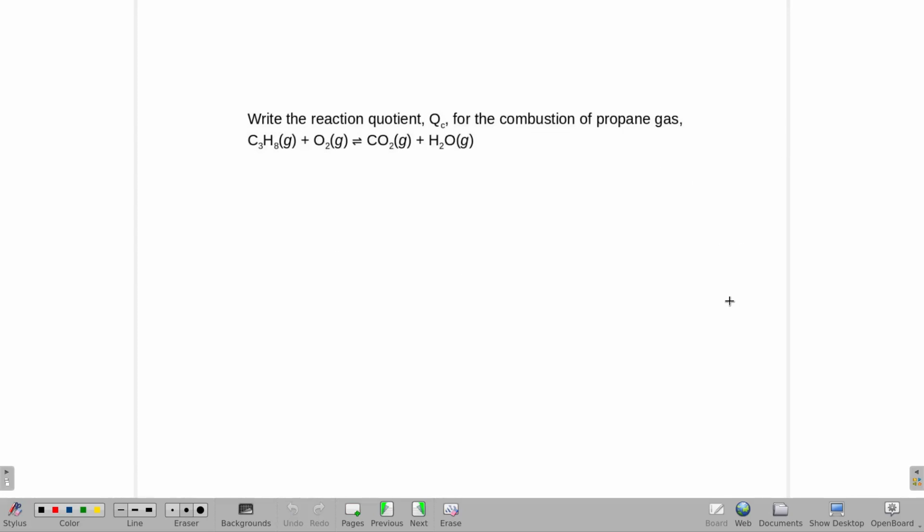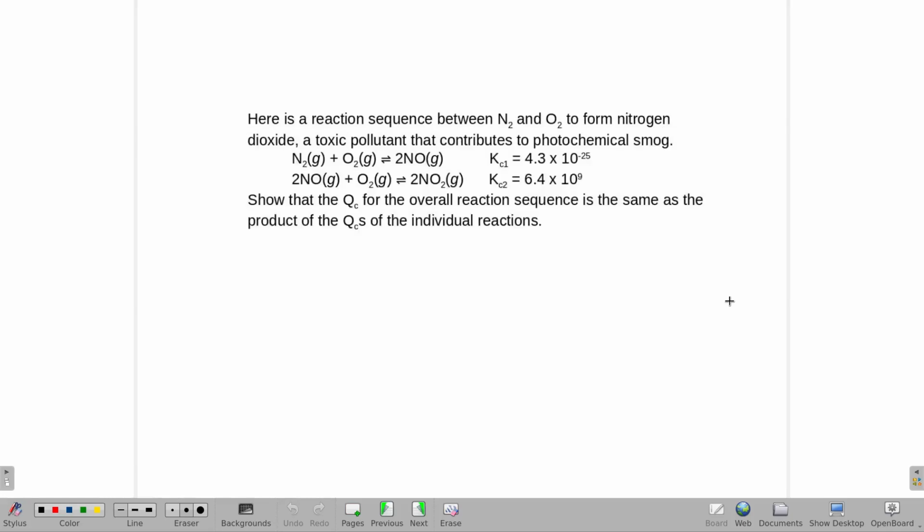Alright, and we're not going to bother to do that one because it does the same type of thing. Alright, here are 2 balanced equations. I have N2 plus O2 going to 2 NO, and a second reaction where 2 NO plus O2 goes to 2 NO2. It's actually a mechanism, those 2 elementary steps going together. We want to come up with a Q for the overall process, and we want to show that it's comparable to these 2 equations.